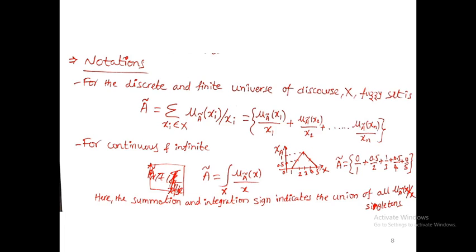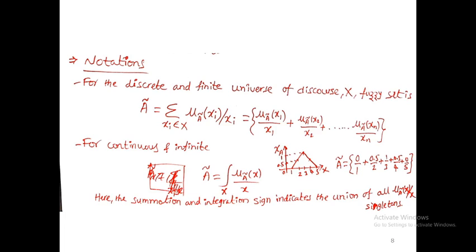Here the summation and integration signs indicate the union of all mu A of x by x singletons. That means if you add all the mu A of x by x values at each point, that is the summation or integration, right? That's what continuous and infinite means.